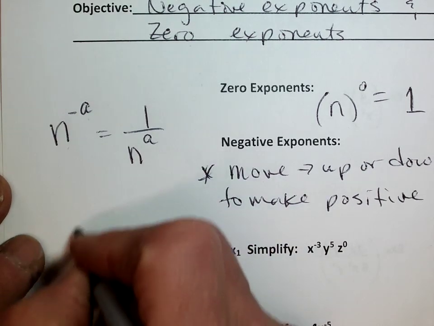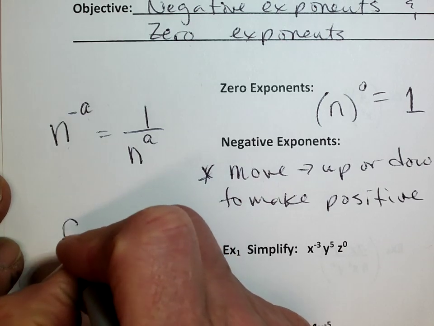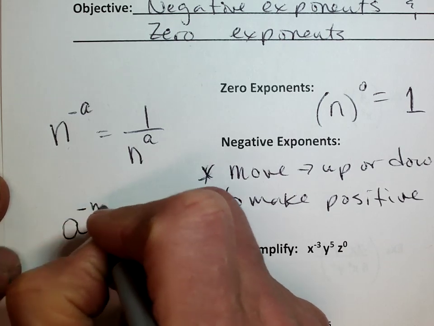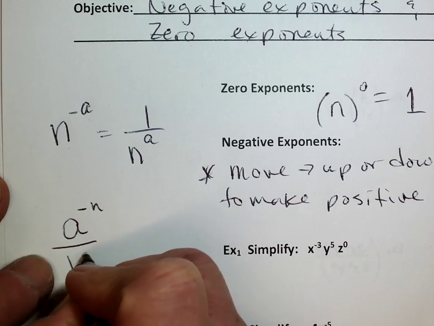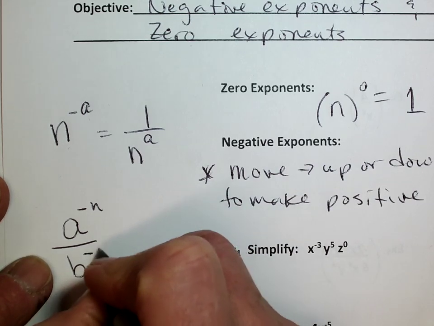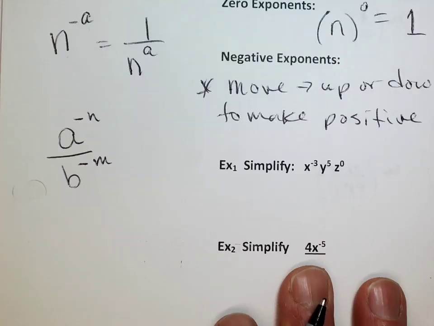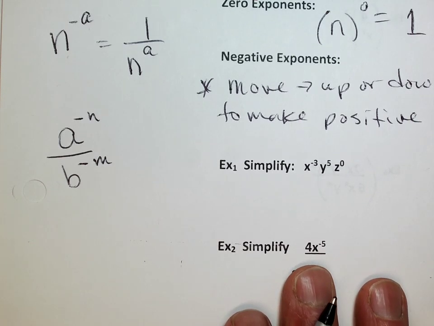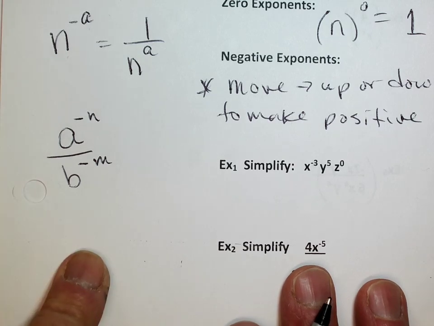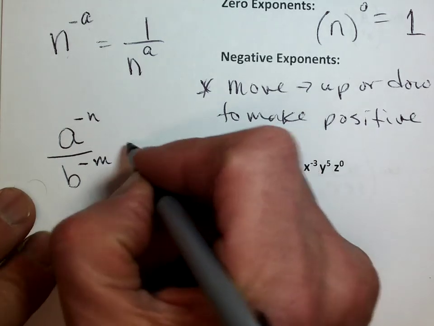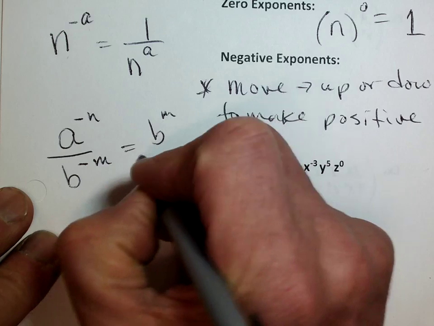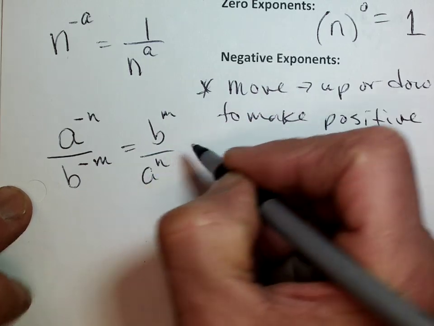If I have a to the negative n over b to the negative m, I'm just going to switch them. Yeah, this one comes up and this one comes down, right? It's going to switch them. So this becomes b to the m on top and a to the n at the bottom, okay?